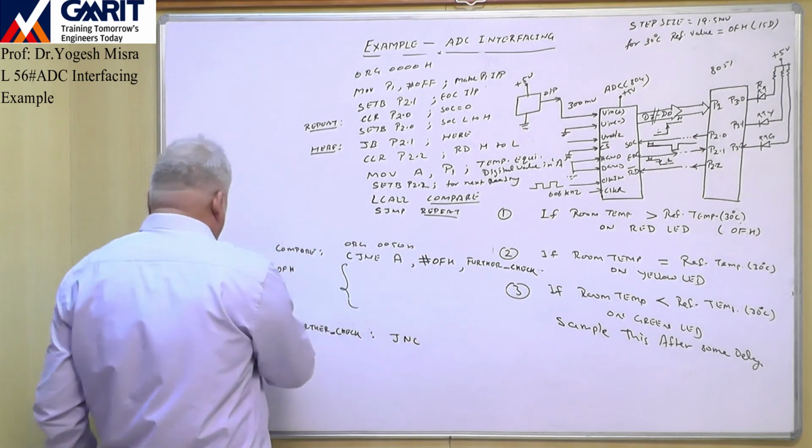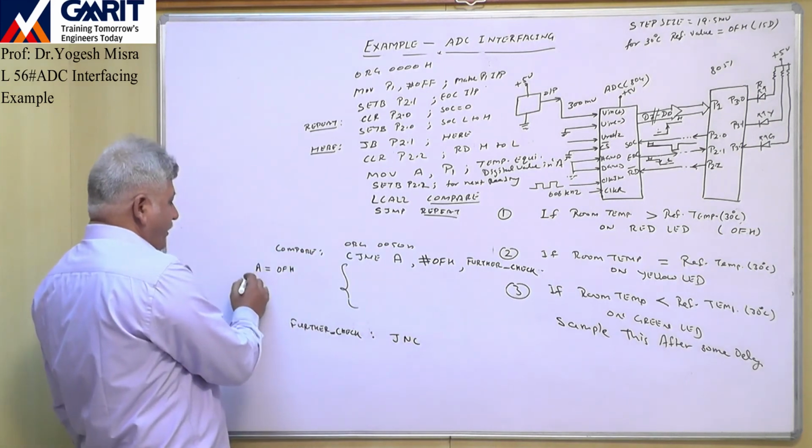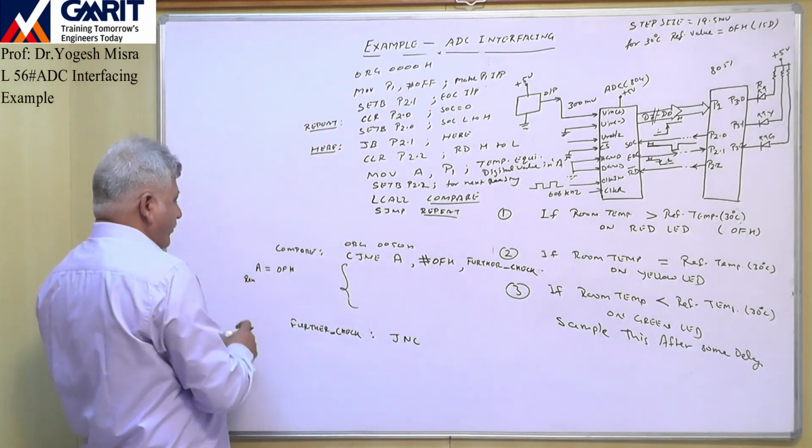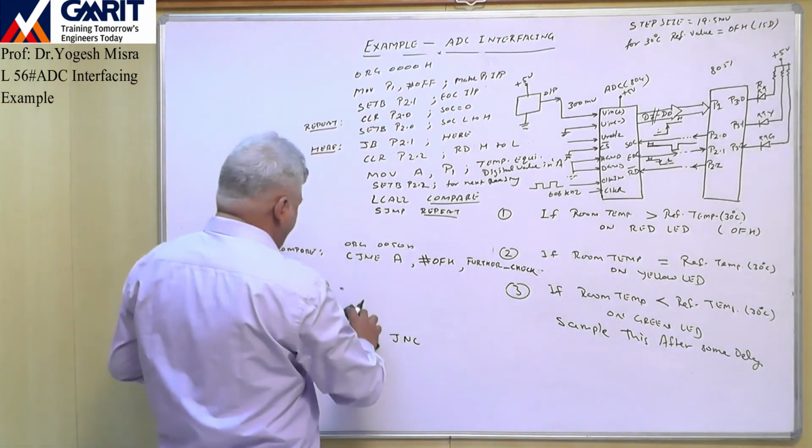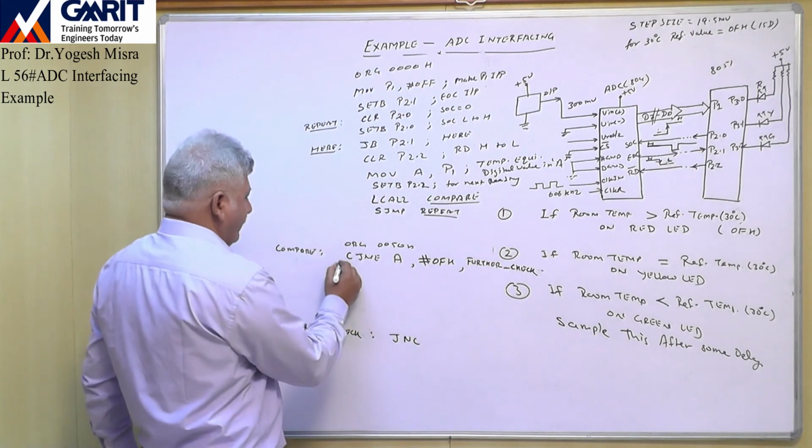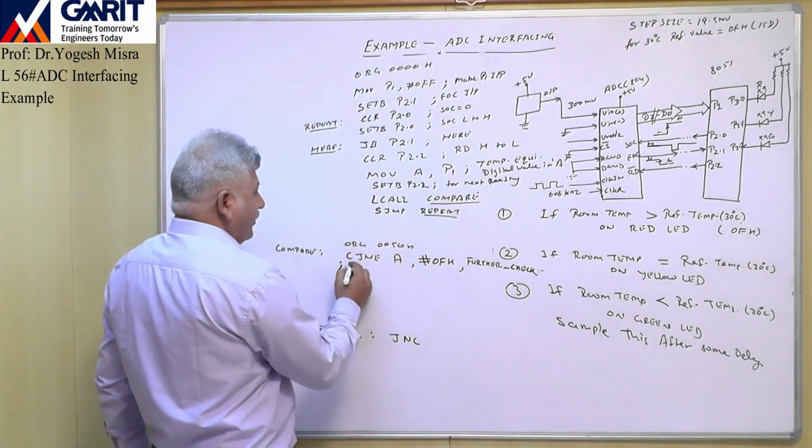In A we have the room temperature. We can write the comment here itself so that we can understand the code.